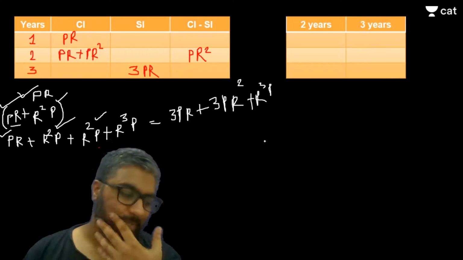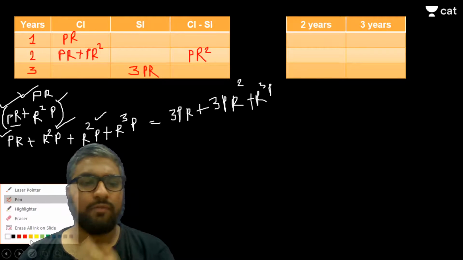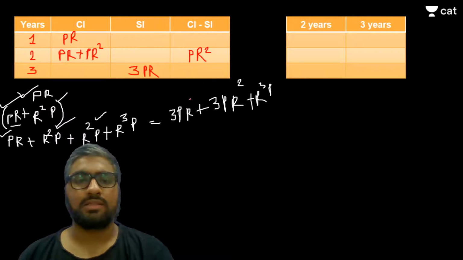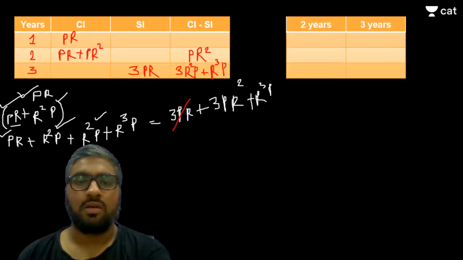That clear? So for the third year, what's going to be the difference? PR would go up, and we would have 3 times R square P plus R cube. Now what's given to us? The ratio.